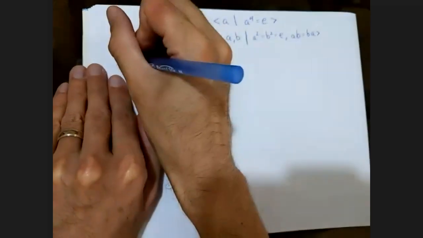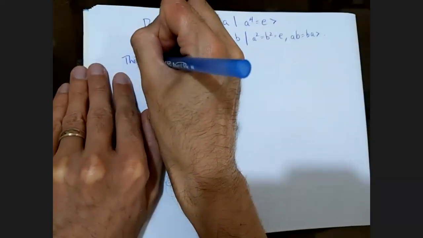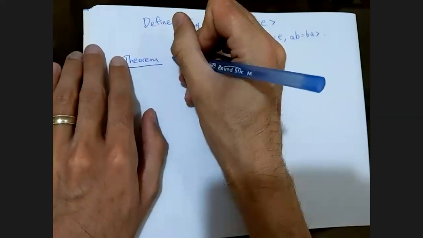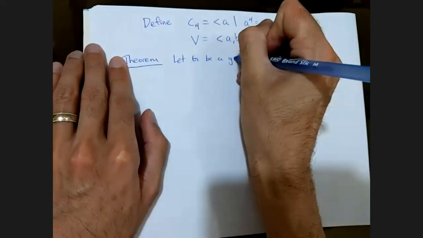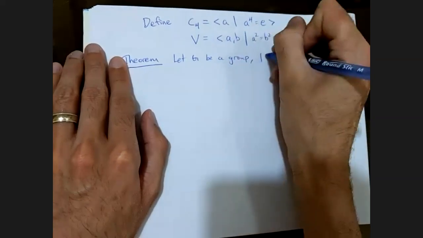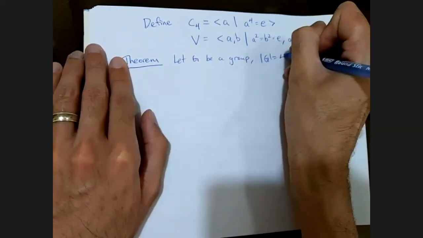Okay, and then our theorem: let G be a group with order of G equal to 4.